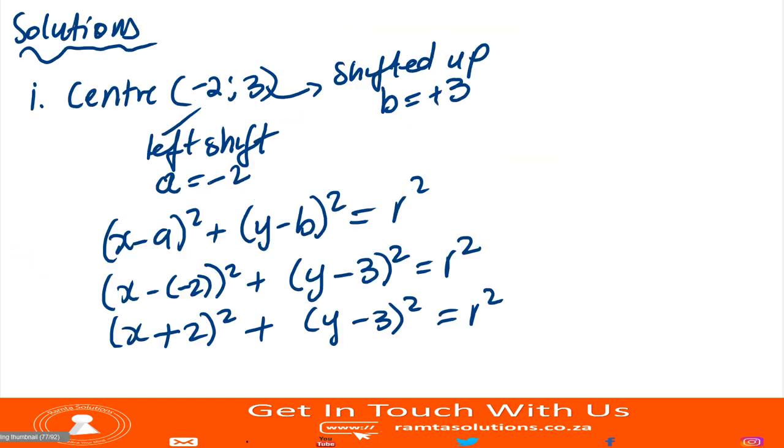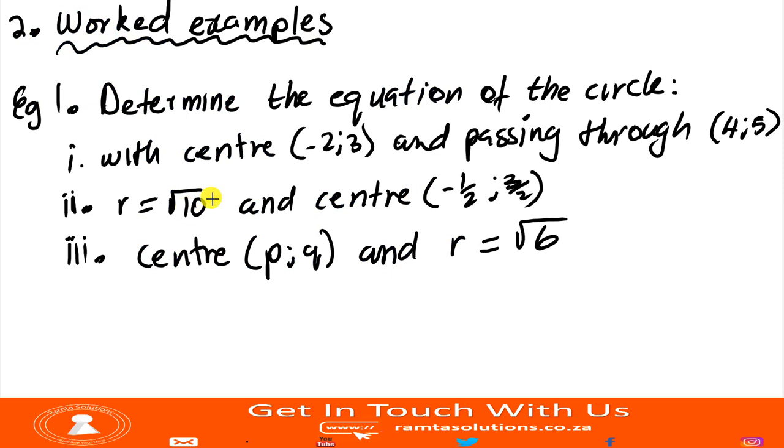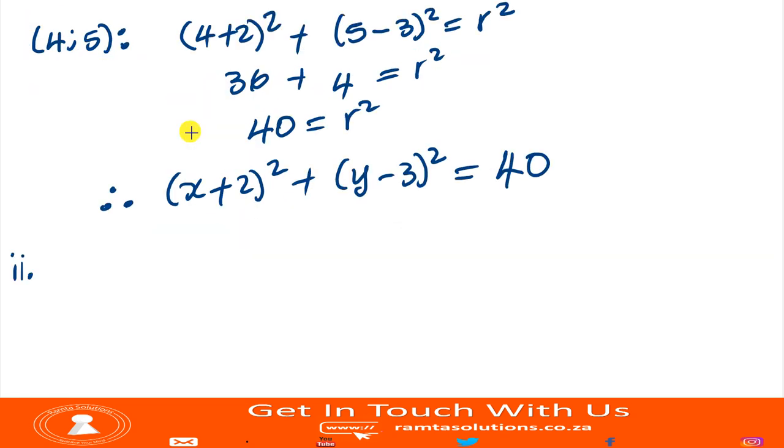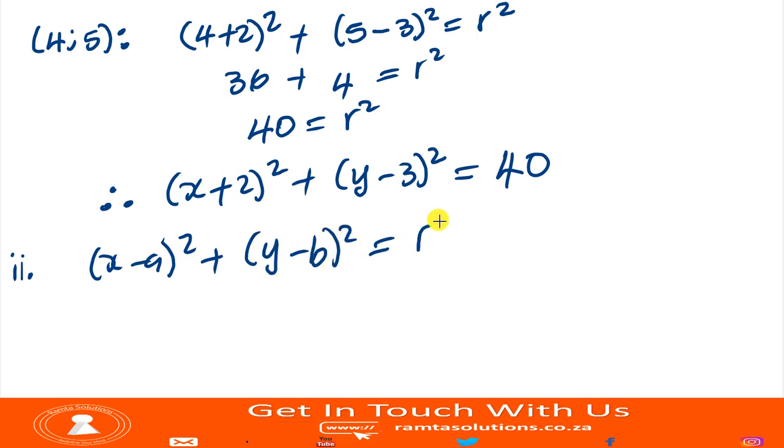Roman figure 2. Let's see what the question was saying. It says we have radius square root of 10, and center is (-1/2, 3/2). Cool. So let's remind ourselves: (x minus a) all squared plus (y minus b) all squared equals r squared.